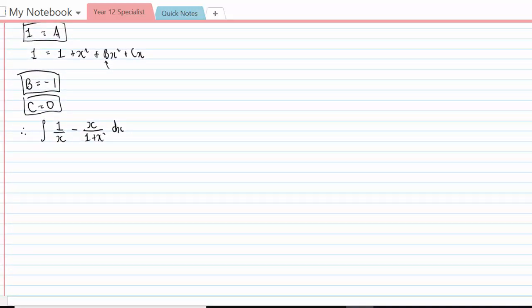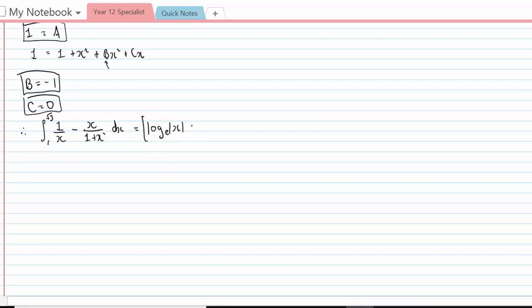Wow, this is looking pretty good. So that's going to equal, now 1 on x just straight away becomes log e of x, log e of modulus of x I should say. And I can't forget my terminals either. That was between 1 and root 3.